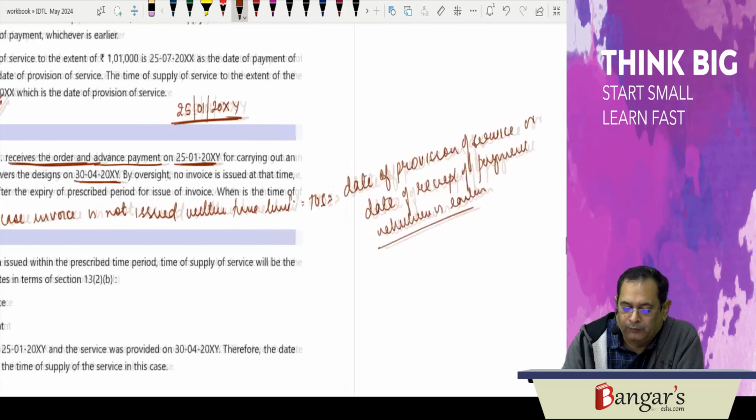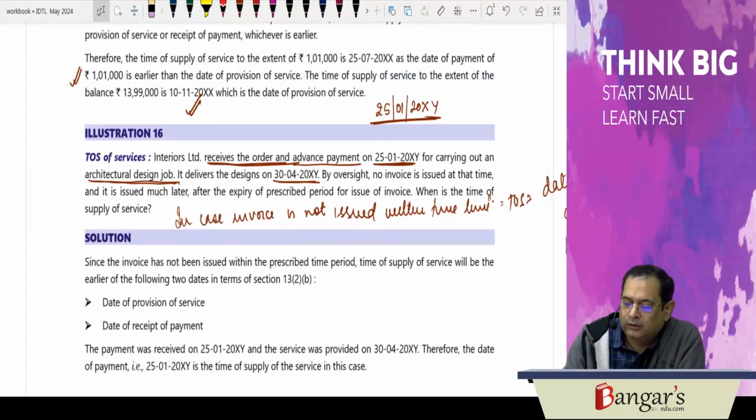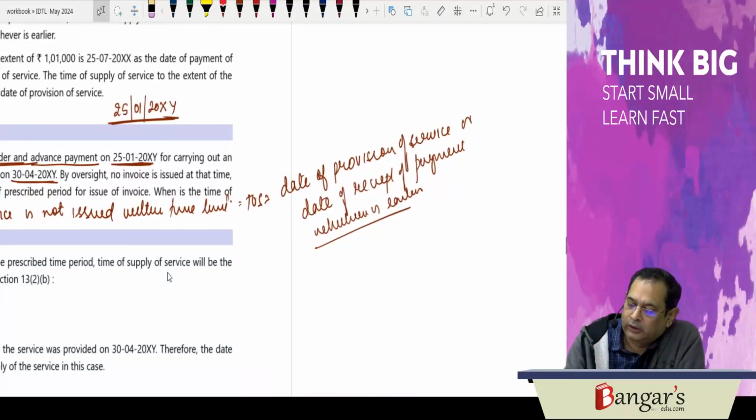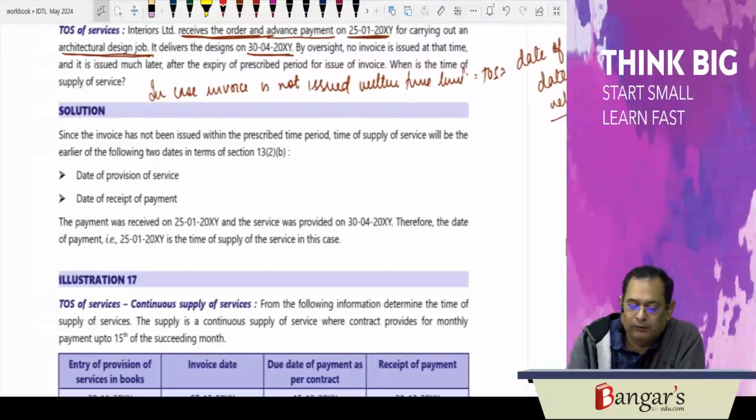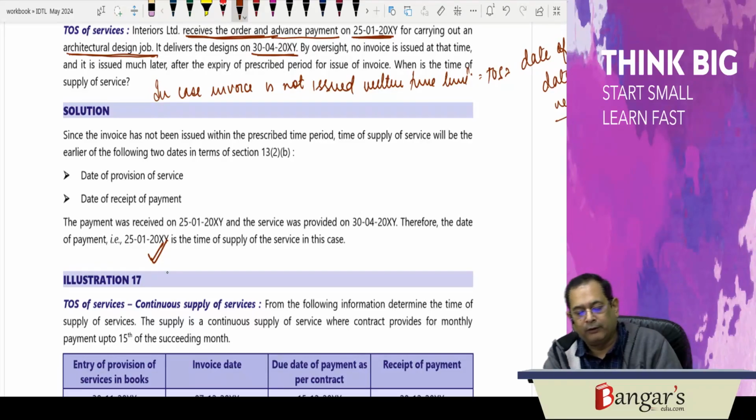So date of provision of service here is 30/4, and date of receipt of payment is 25/1. Your time of supply will be 25/1.